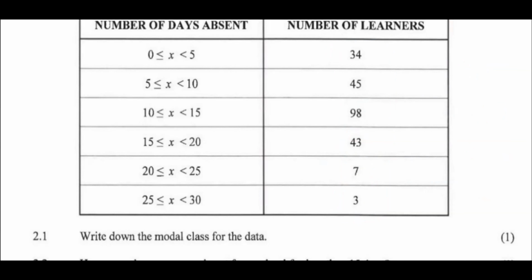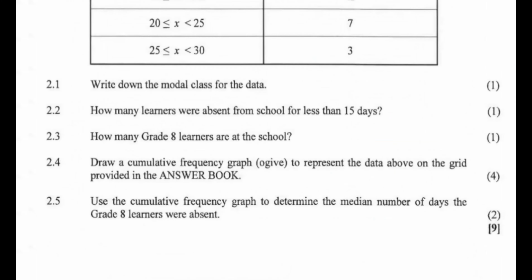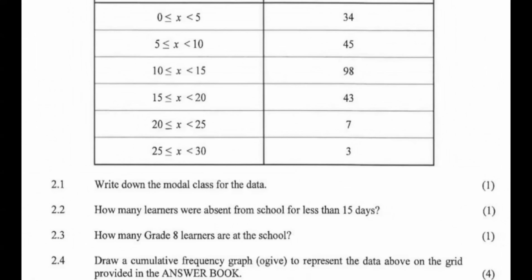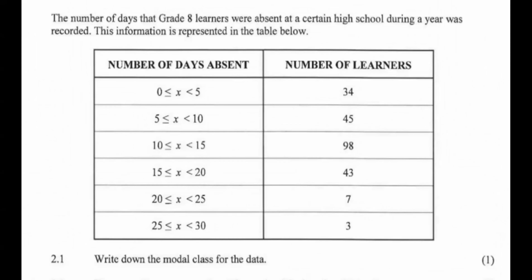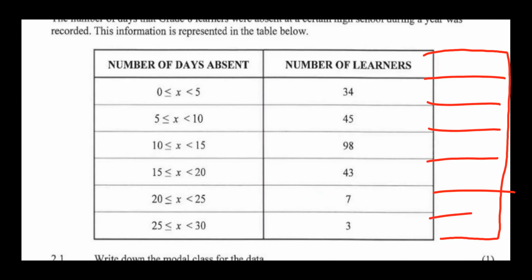Now, for the next question, I feel like we're going to have to draw an ogive. Yes, it says here, draw an ogive. In order to draw this ogive, I actually need to first work out a cumulative frequency column. So I want you to redraw this whole table now in your books.